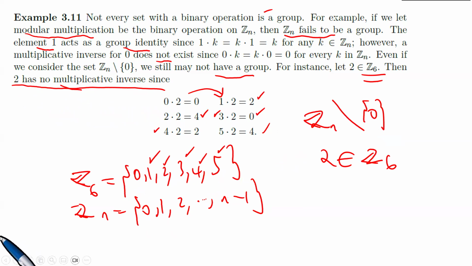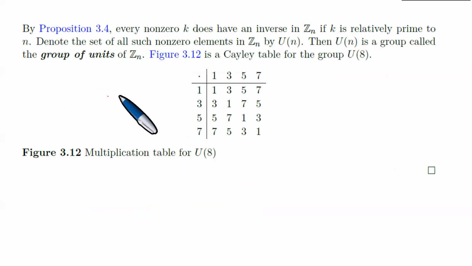Move on. Let us now mention proposition 3.4. Every non-zero k does have an inverse in Zn.